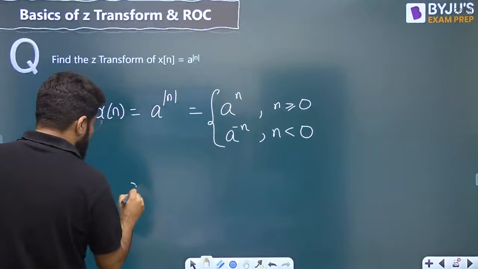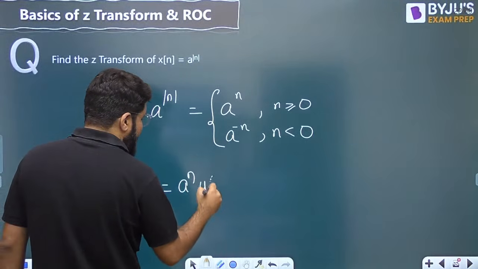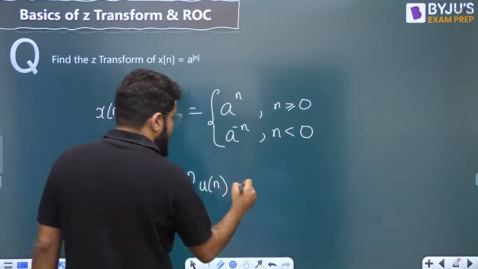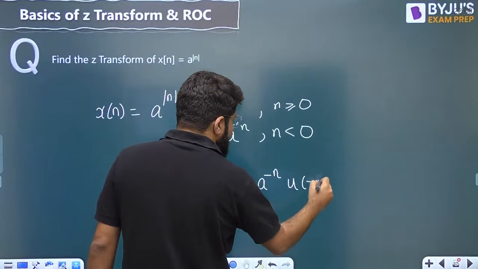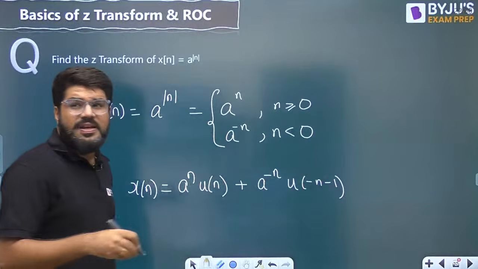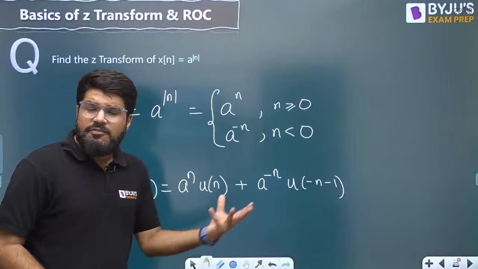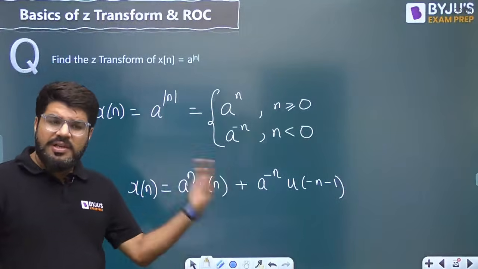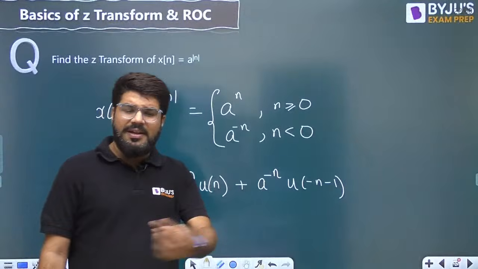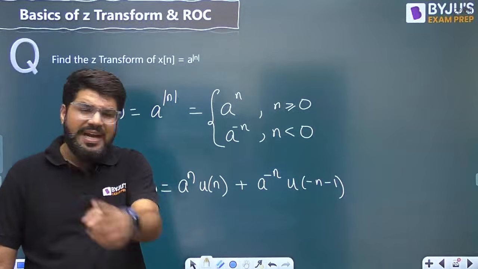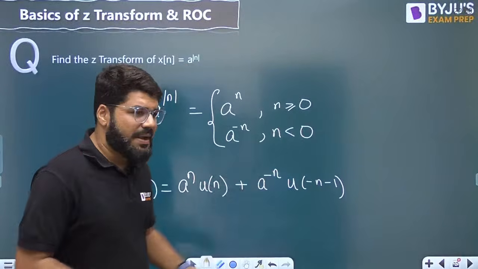Or I can say that x[n] is a power n, for n greater than 0, multiply u[n], plus it is equal to a power minus n for n less than 0, as I have already shown you in the beginning of the class. In discrete time, right sided means u[n], and if you want to represent left sided, totally complement of right sided, a signal starting from -1 to -infinity, I have shown you that signal is u[-n-1]. So the next part, n less than -1.